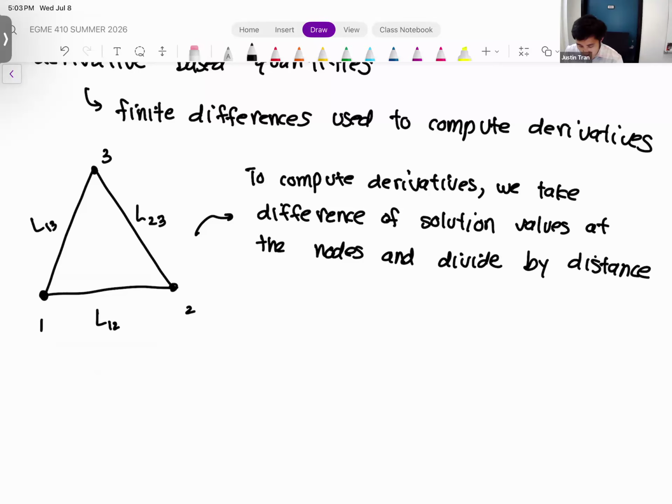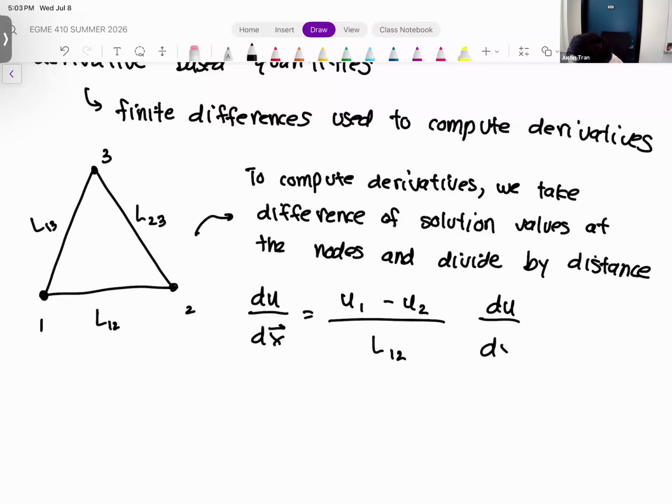We can compute three different derivative quantities related to these terms here. Okay? For example, the du dx vector can be u1 minus u2 divided by L12. Also du dx can also be u2 minus u3 divided by L23.